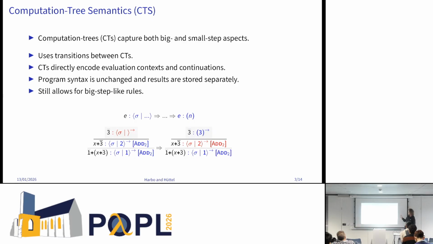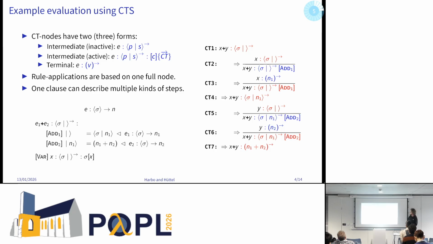Finally, by using these computation trees, we can capture the small step aspect of a semantics, as you could see here in a stepwise restructuring of this tree, but at the same time, we can actually describe this behavior using rules that follow a mostly big step-like structure, as seen right over here.